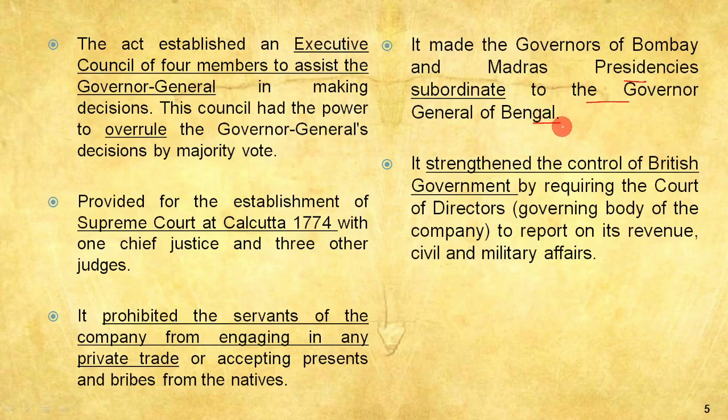Next point. It made the governors of Bombay and Madras presidencies subordinate to the Governor General of Bengal. This is what I was trying to discuss in my previous slide, that this laid the foundation of central administration in India.